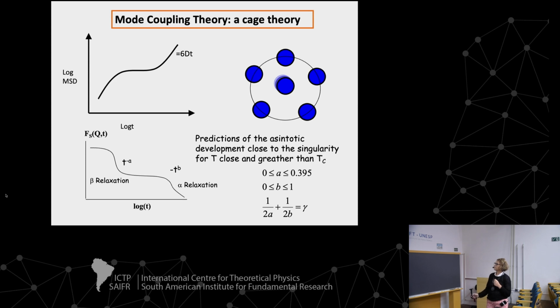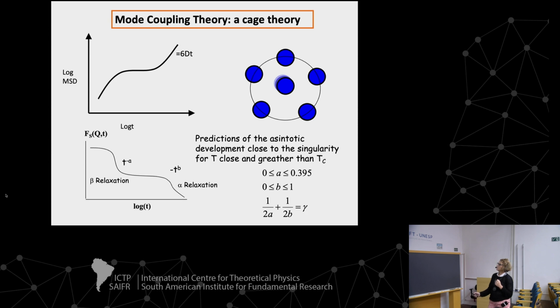Mode-coupling predicts that a, b, and from tau you get gamma, okay? Tau was (T minus Tc) to the gamma. So mode-coupling predicts that a, b, and the gamma that you get from the behavior of tau with the fit to the stretched exponential follow this relation: 1 over 2a plus 1 over 2b is equal to gamma.